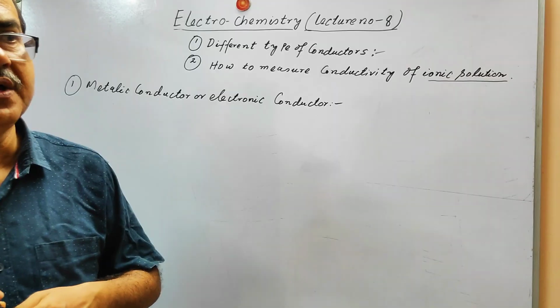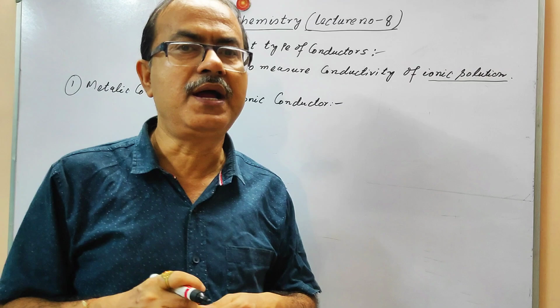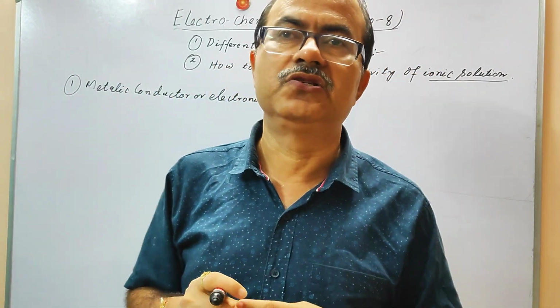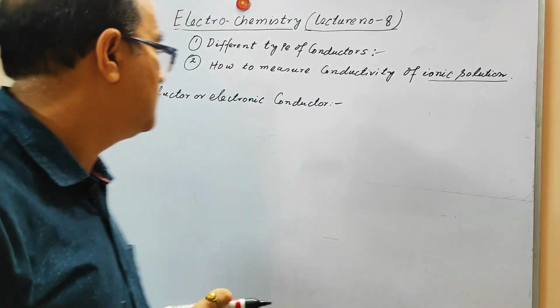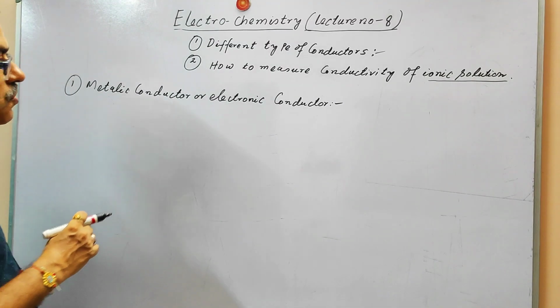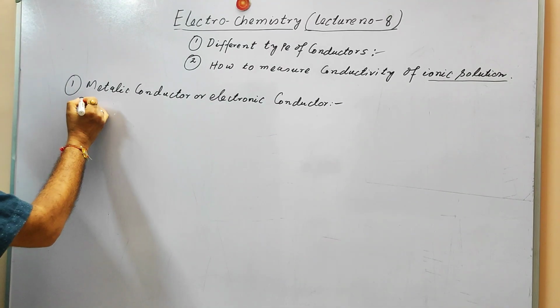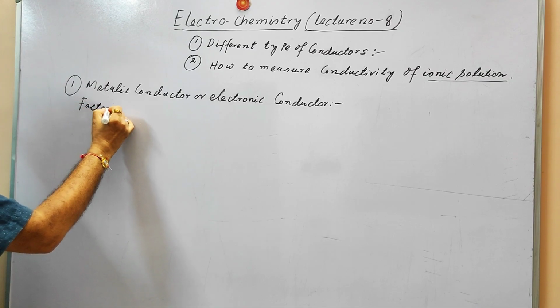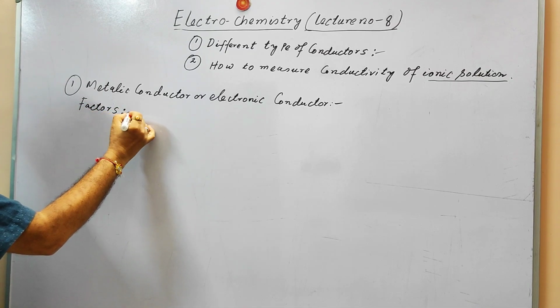Now the question arises, what are the factors that are going to impact these metallic conductors or electronic conductors? There are basically 3-4 factors that we are going to discuss.